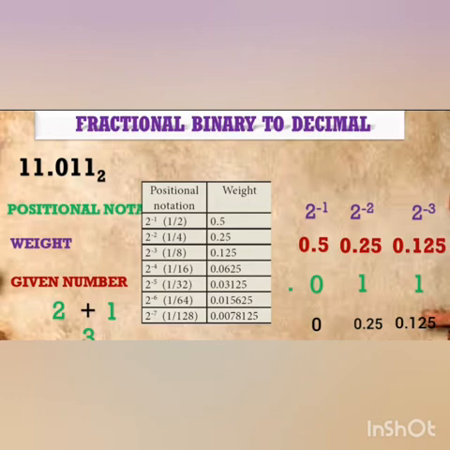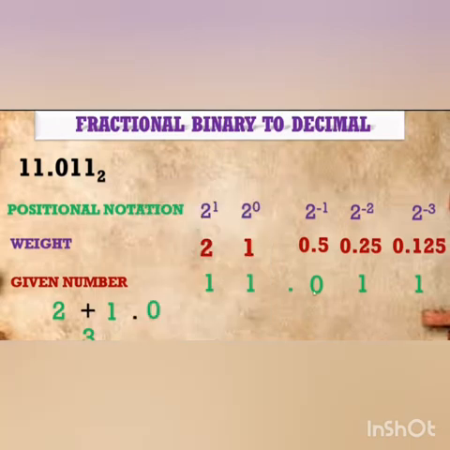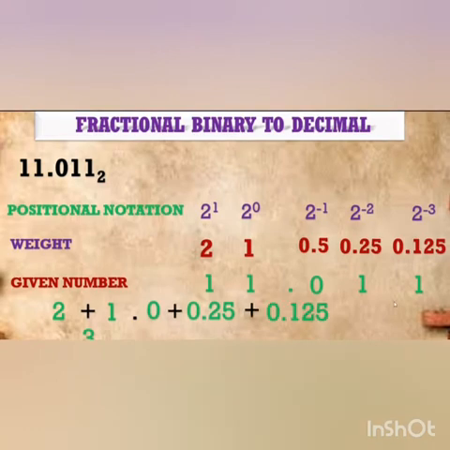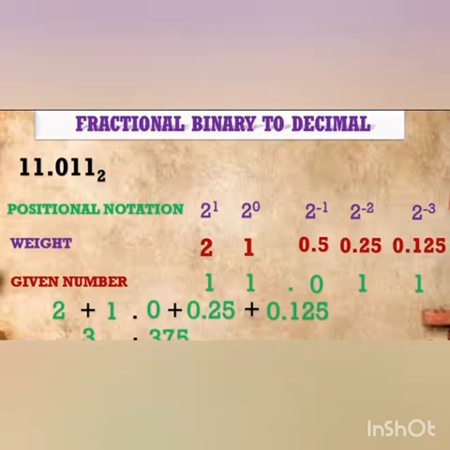The next step is to add all the values obtained. So we add the three values, that is 0 plus 0.25 plus 0.125. Now the value is 0.375. The integral part value is 3 and the fractional part value is 0.375.